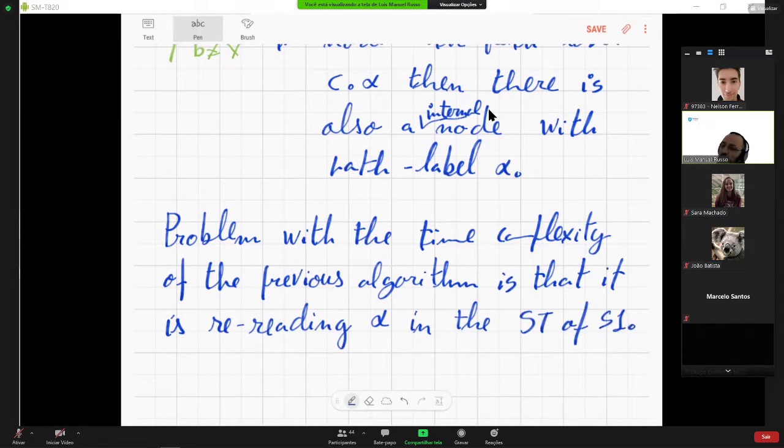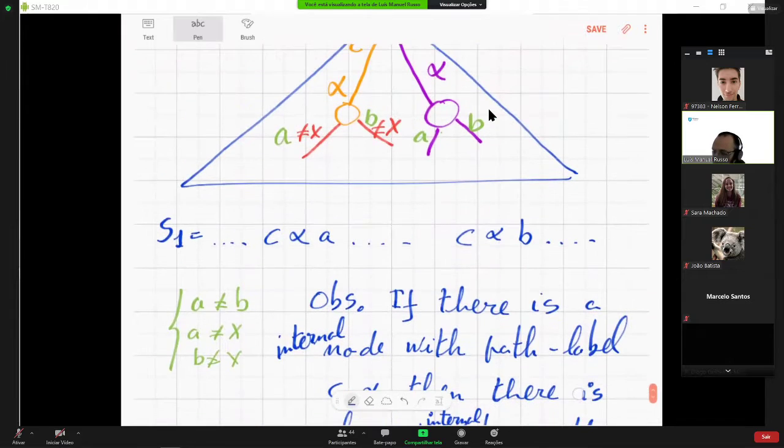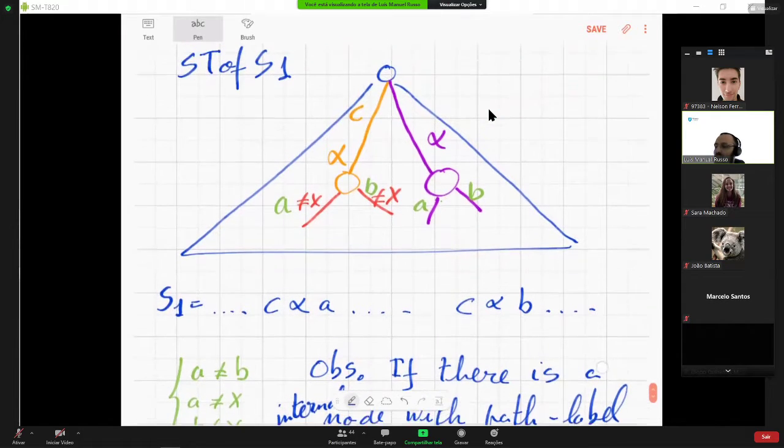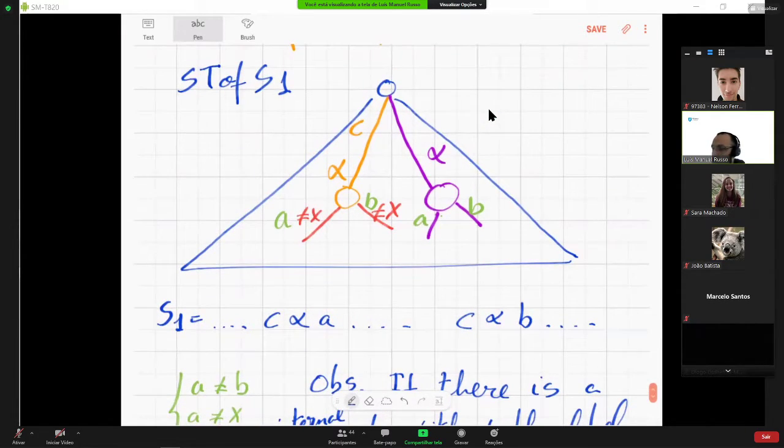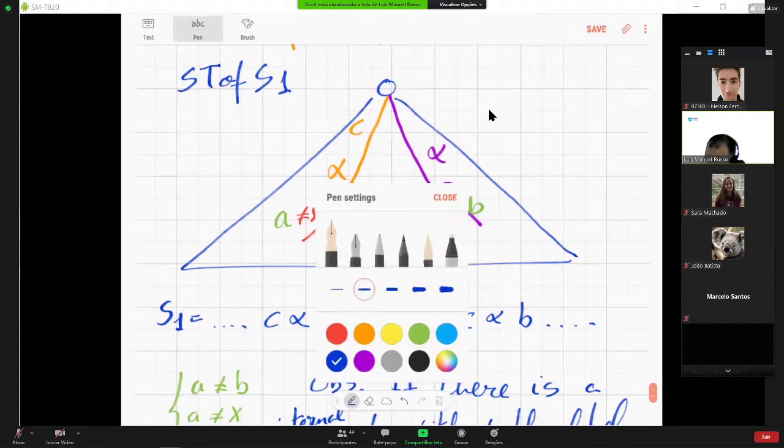This is the problem with the previous algorithms. So anybody's got an idea how we can fix this?